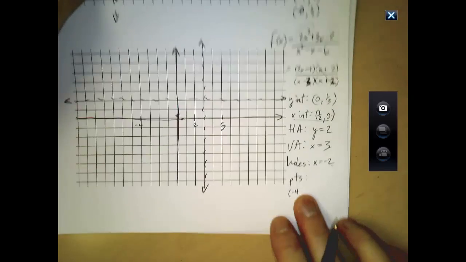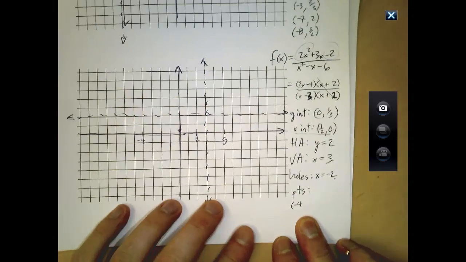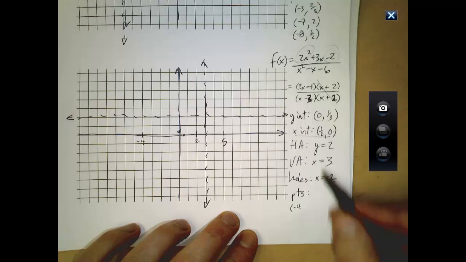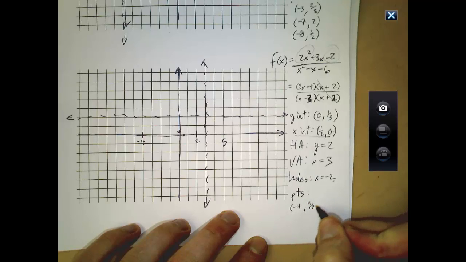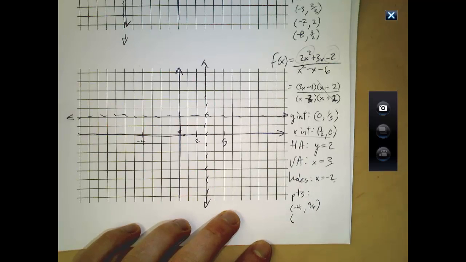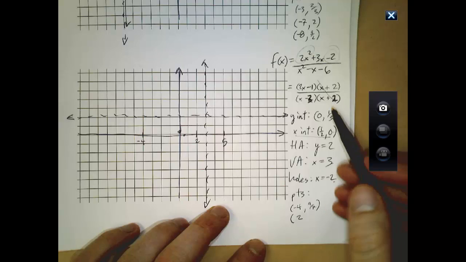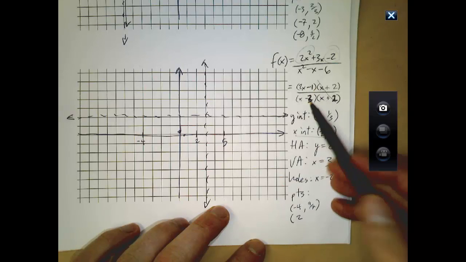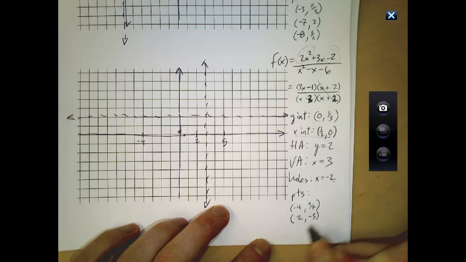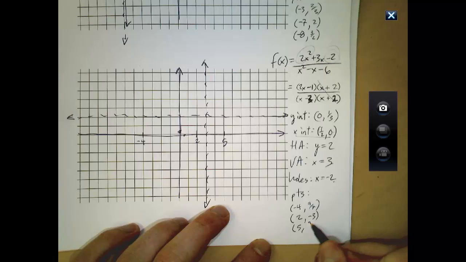Here's my work down here. I'll just plug in -4 into this. So I have -9 over -7, so 9/7. 2, that'd be 2 times, okay, so 3, so -3. And then 5, that's 9 over 2.